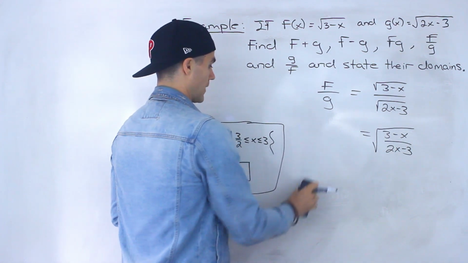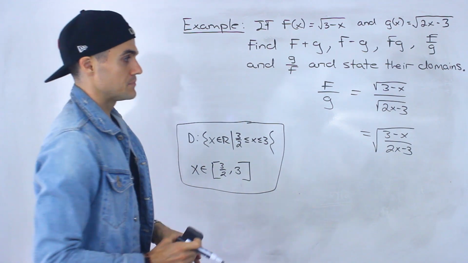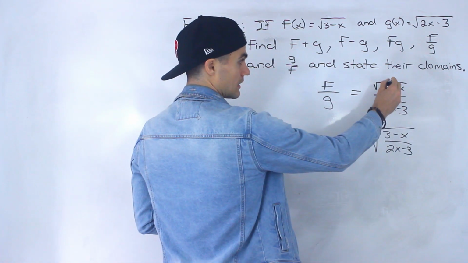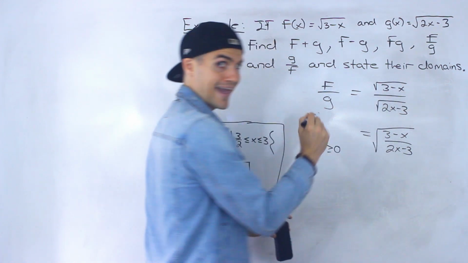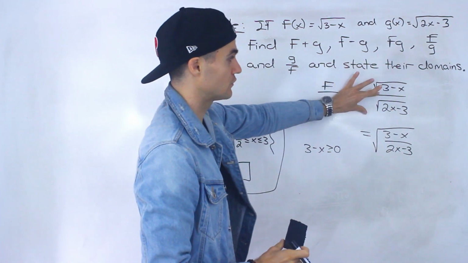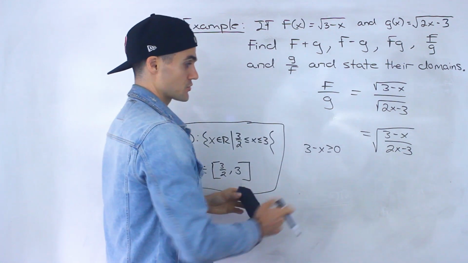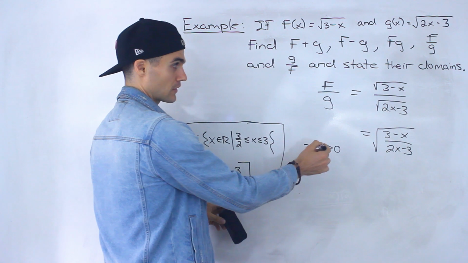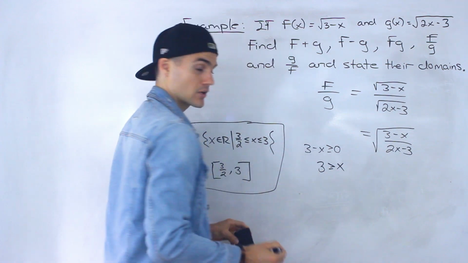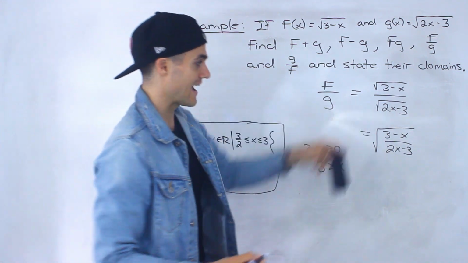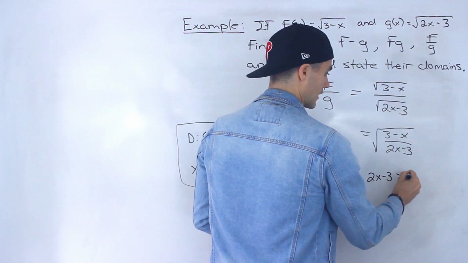Now, the domain for this function is going to be different, because notice that 3 minus x has to be greater than or equal to 0. Notice that the numerator can be 0, because we would have 0 divided by a number, which would give us 0. So we have to figure out when 3 minus x is greater than or equal to 0. We know that happens when x is less than or equal to 3. But what's different is now this expression can only be positive.